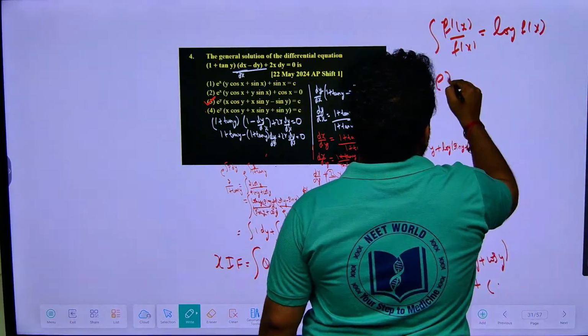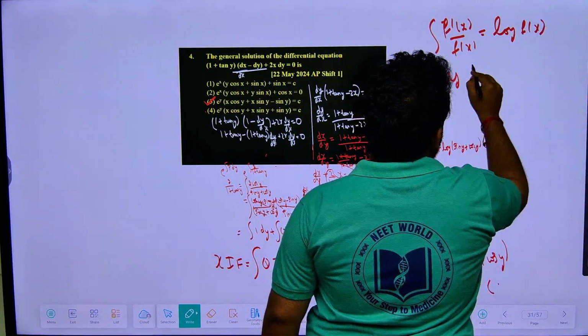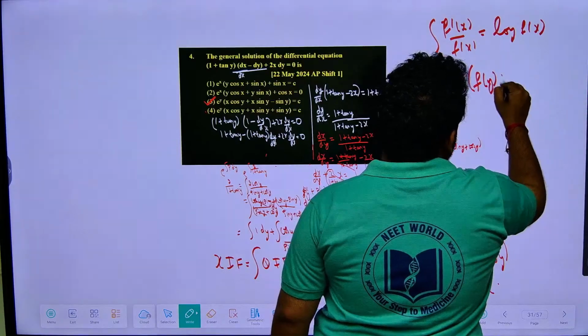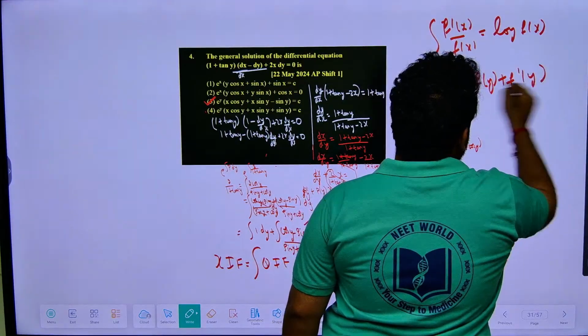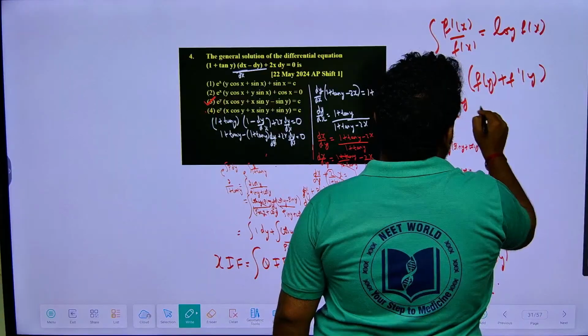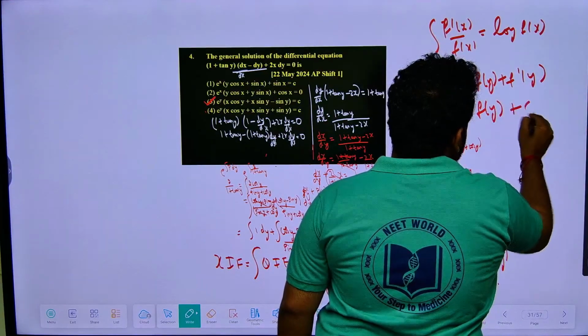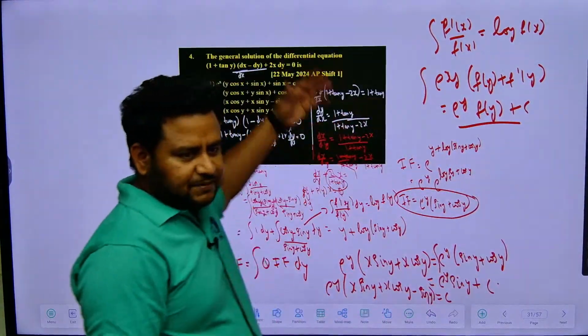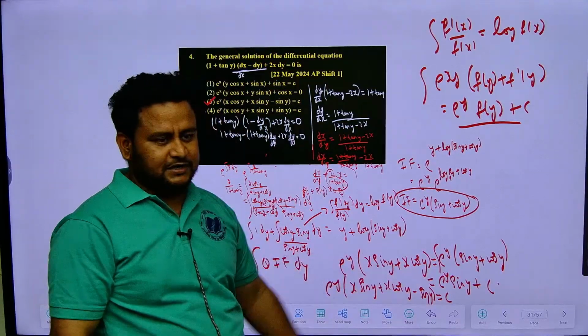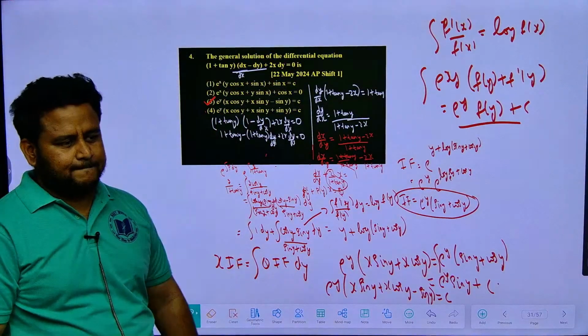Another one is the integral of e power y into f of y plus f dash of y is e power y f of y plus c. See, this integration is not limited to those chapters. Here also you have to use the property.